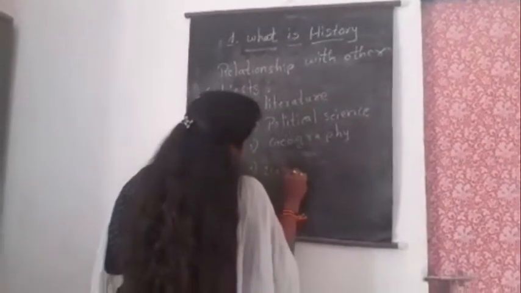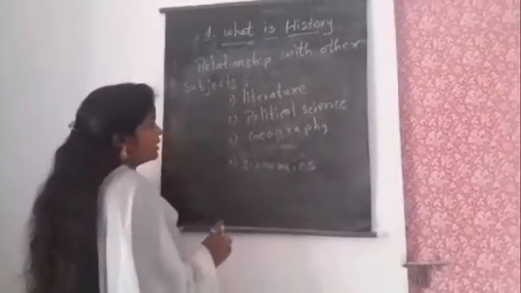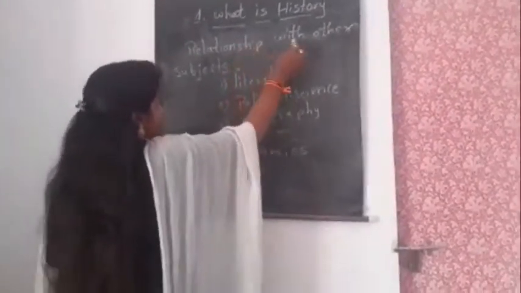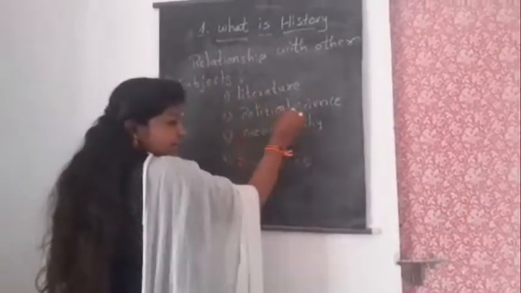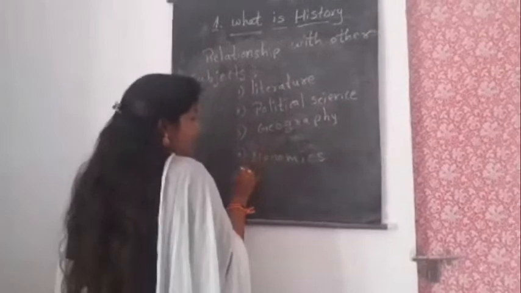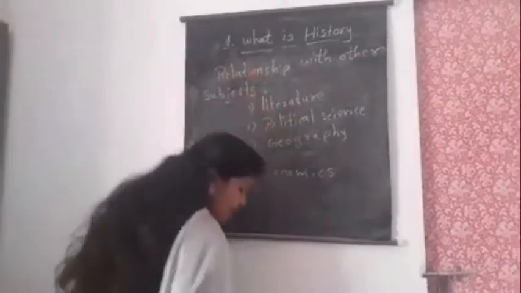Economics. Other subjects: one is literature, second is political science, third is geography, and fourth is economics. We are discussing the first, literature.